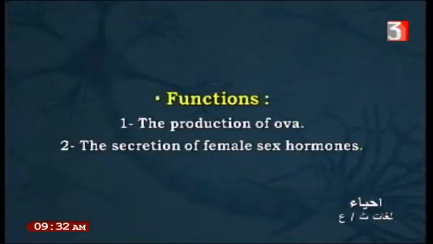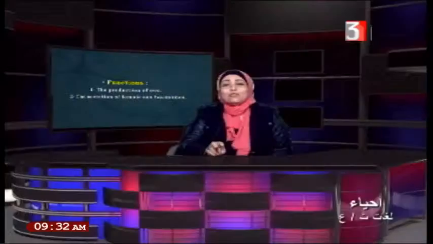Okay, what is the function of the system? First, the two ovaries produce an ovum each month, alternating with each other. This means the first ovary produces an ovum in this month, followed by another ovum in the second month from the second ovary.